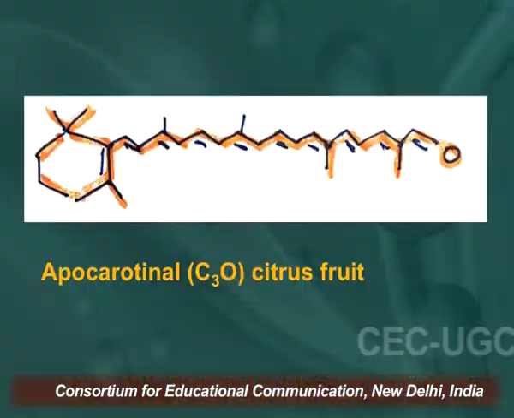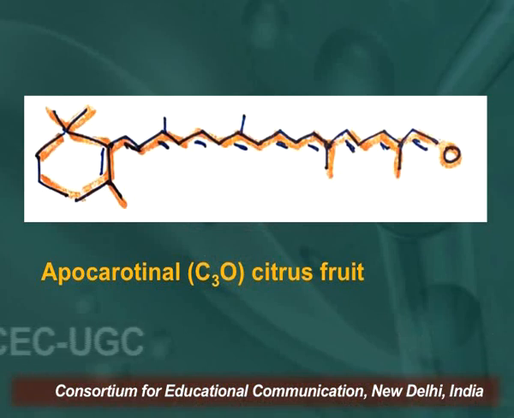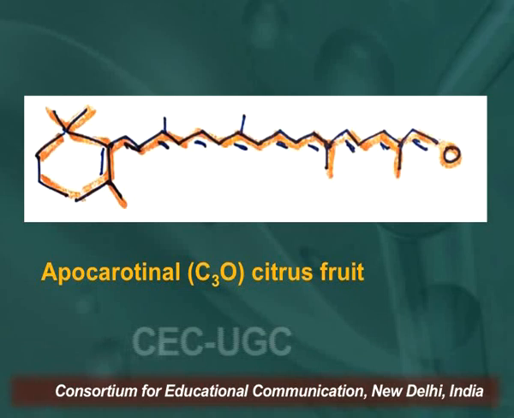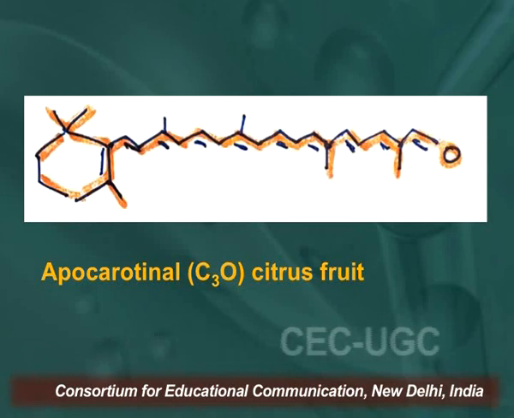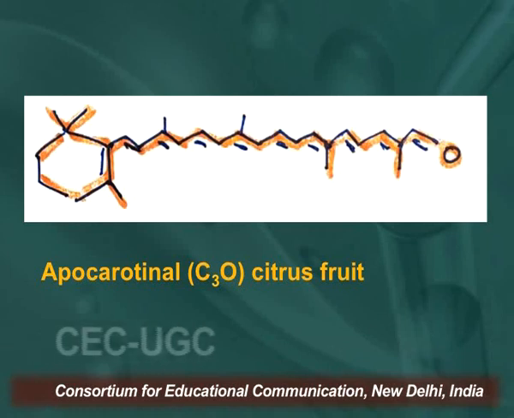So this is the structure of apocarotenol. You can see on this slide the structure of this carotenoid, and it is found in citrus fruit.